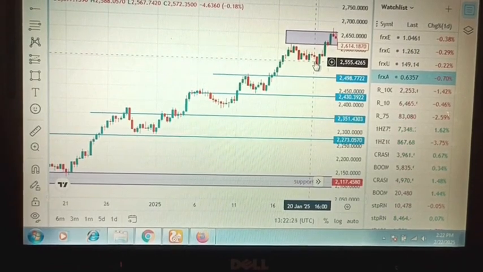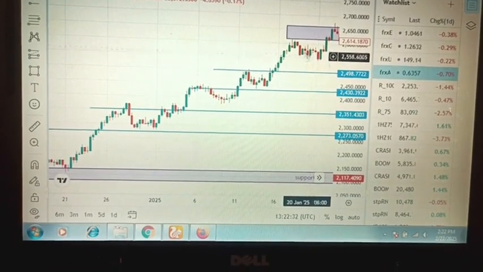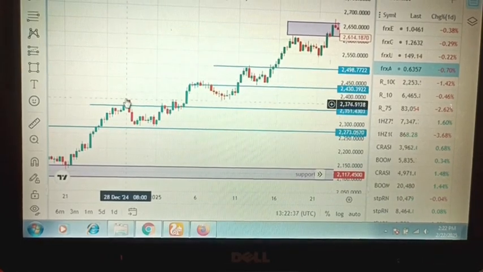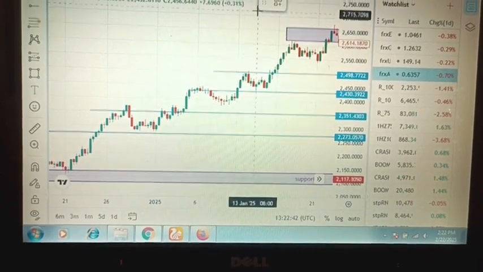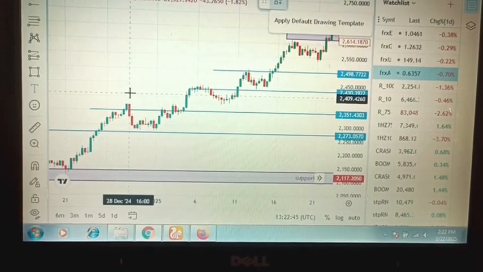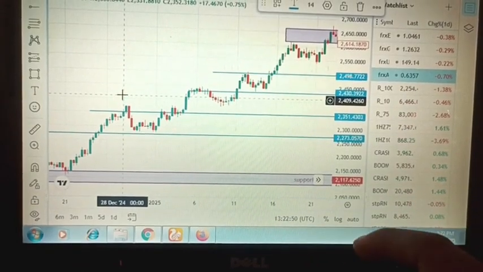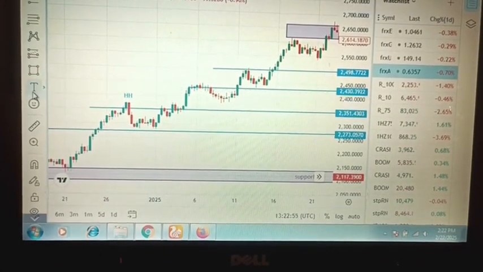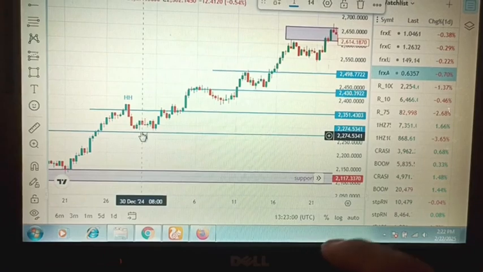Understand? So remember I said an uptrend is an upward movement of price. And if price is going bullish, it makes an up and down motion. Now, this up and down motion is called a higher high. A higher high here is called a higher low.